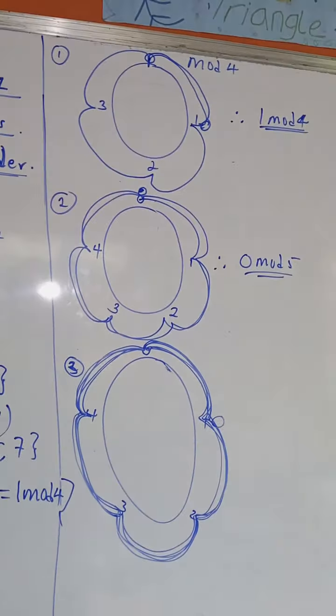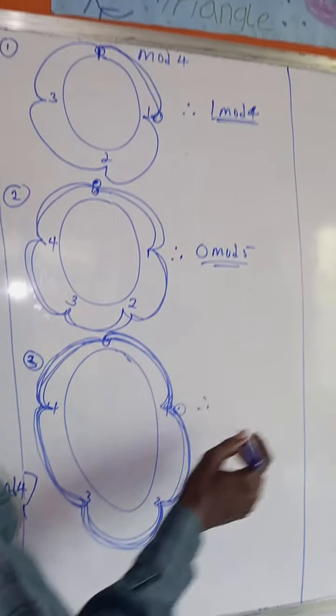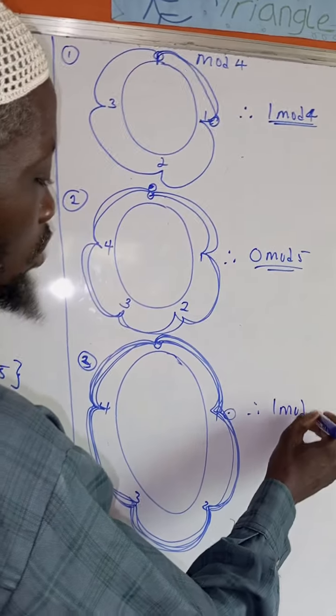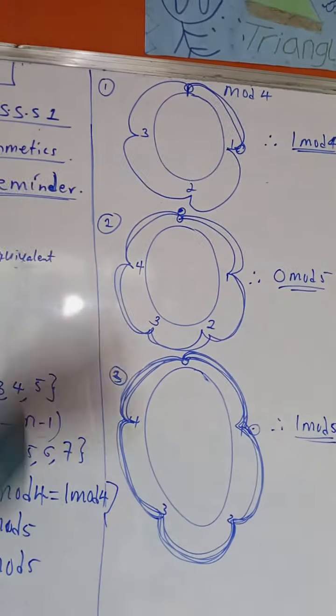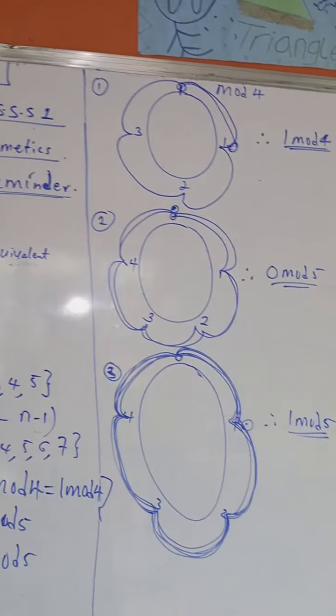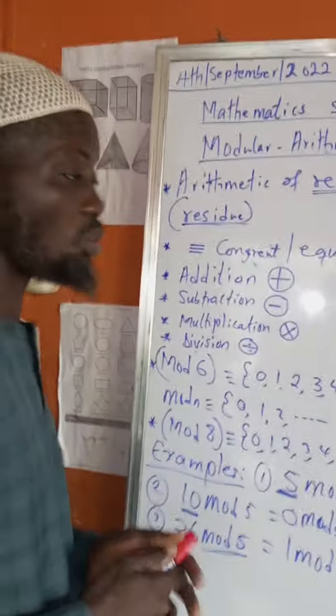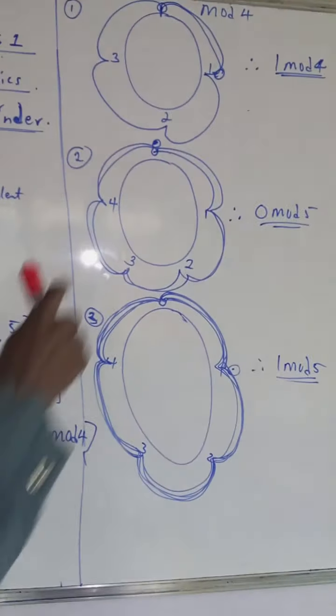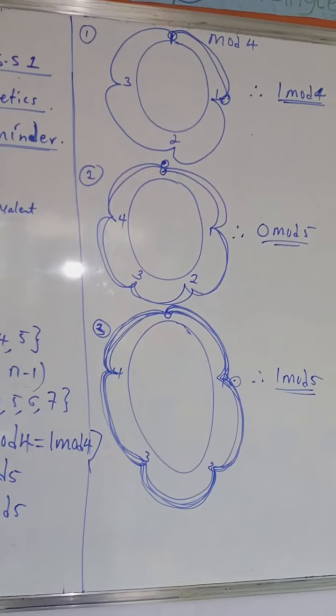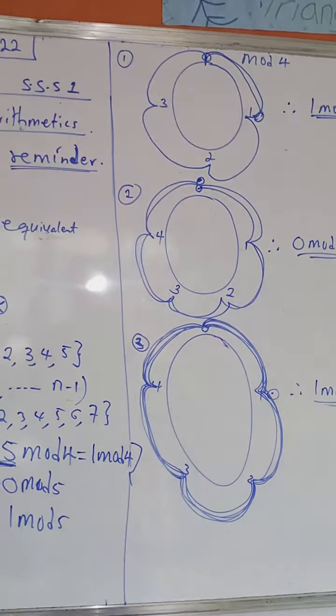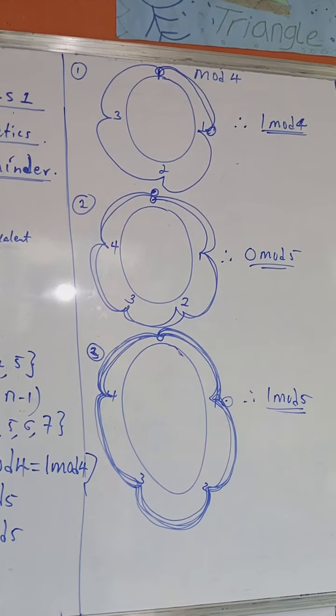Look at where I'm stopping. It gives me 1 mod 5. So this is how to use the clock to get the ordinary mod. Whenever you see it, the highest number on that clock tells you the type of mod that clock reads.